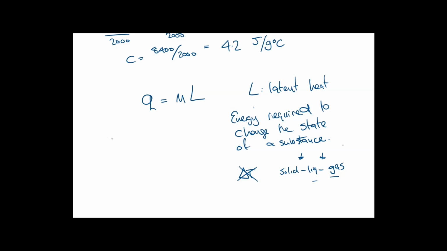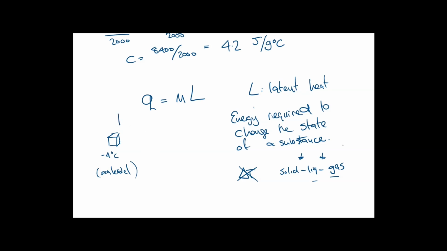So if, for example, we have a solid piece of ice, and it's at -4 degrees Celsius, and we're going to presume that it's at sea level, so the pressure is standard pressure, and we want to convert this into liquid. First thing we have to do is heat it up.